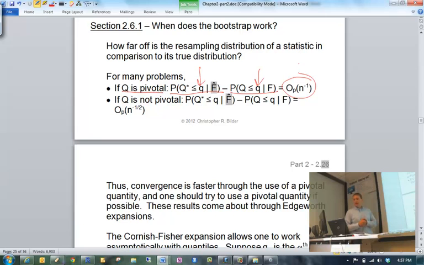If Q is not pivotal, then look what happens. You get a little bit slower convergence. So, given the choice between a pivotal or a non-pivotal thing, which would you prefer? Pivotal. How are these kinds of results proved? Through Edgeworth expansions.